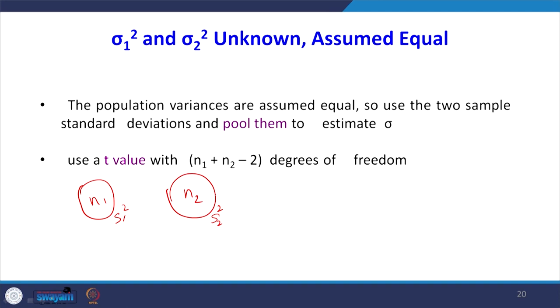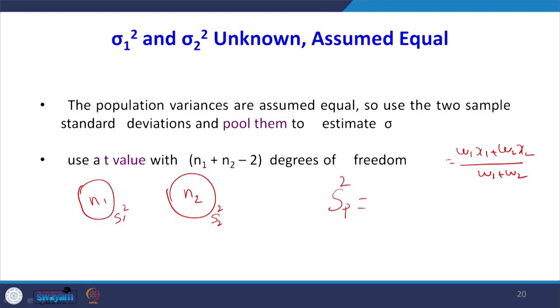We can find the weighted variance, which we call the pooled variance. Assume we are finding a weighted mean. What is the formula for the weighted mean? W1 x1 plus W2 x2 divided by the sum of weights W1 plus W2. This is your weighted mean.